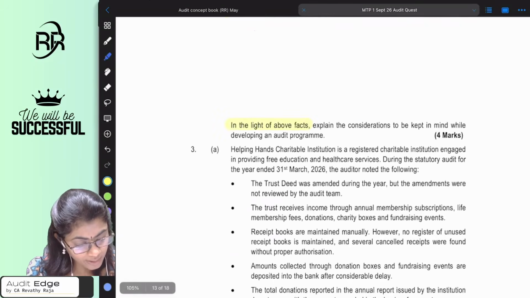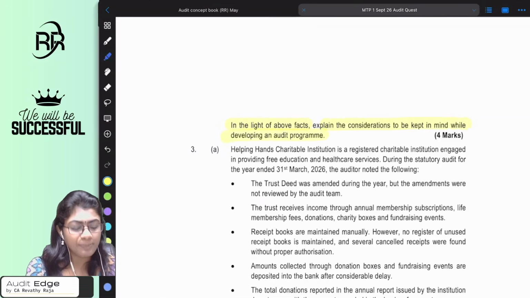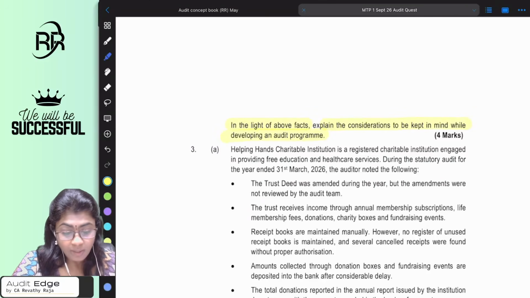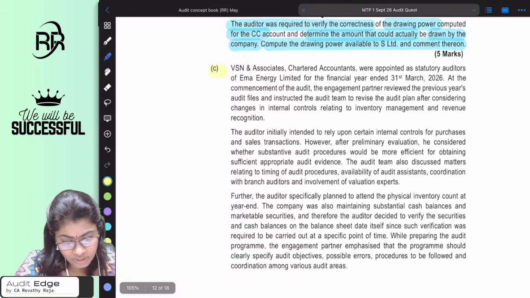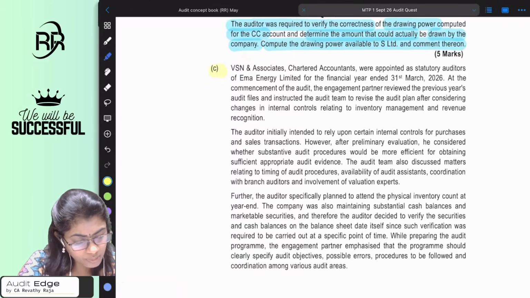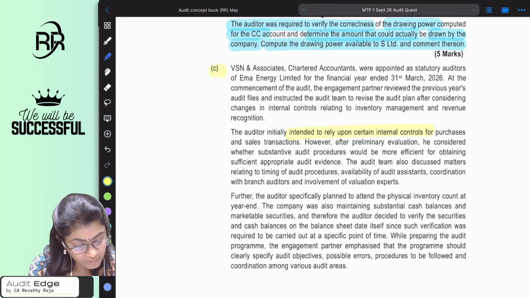In the light of above, explain considerations to be kept in mind while developing the audit program. So that's a direct question. What are the various considerations to be kept in mind while doing the audit program? If you read through the question, VSN Limited Chartered Accountant were appointed. At the commencement, the engagement partner of previous audit file instructed the auditor initially intended to rely upon controls, purchases, etc. However, on primary evaluation, he considered whether substantive procedure would be more effective.